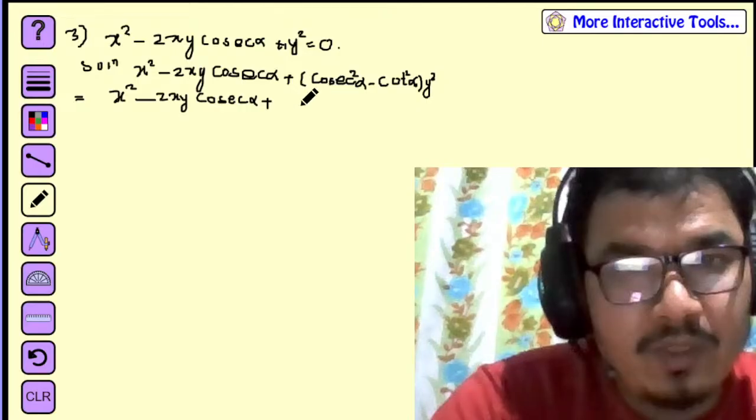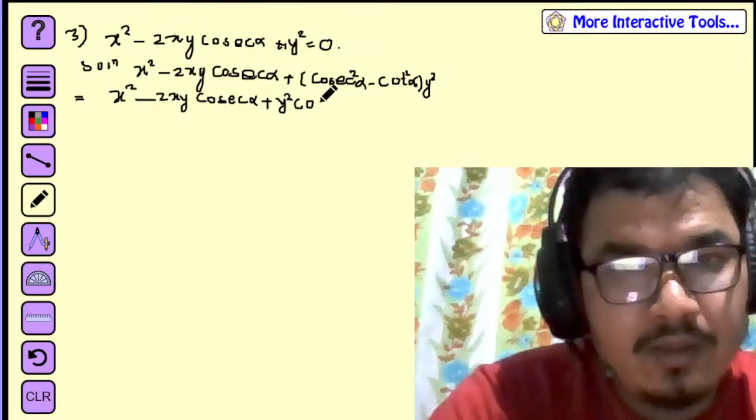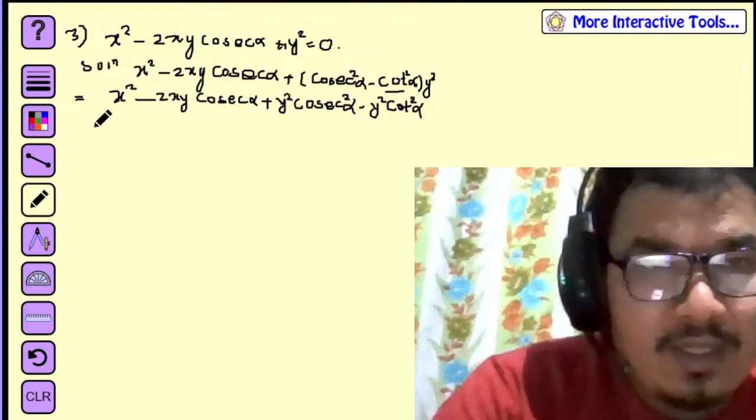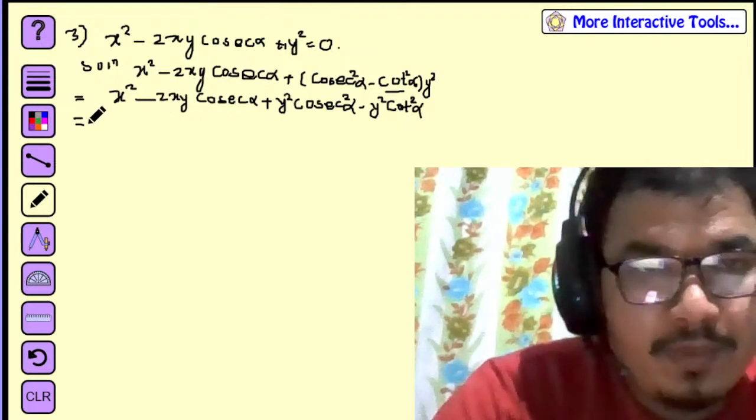This y square will come here, and here also y square cosec square alpha. We can open this one also, multiplying y square with this also. That's why here will be minus y square cot square alpha.